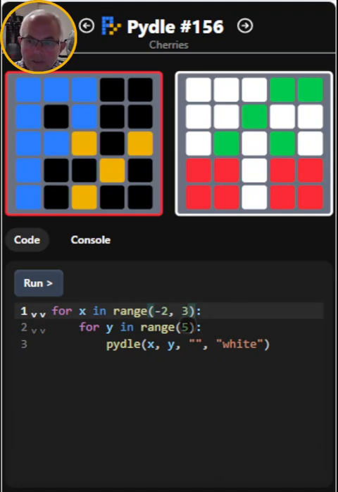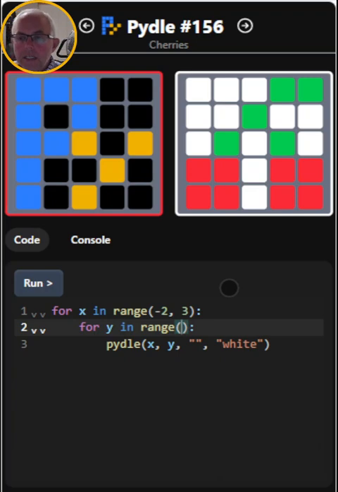So just to be a little bit different, I'm going to take y to go from minus 1 to 4. So I'm going to make the top row be -1 and then 0 for the second row, and that means our x and our y's actually align, which just makes life a little bit easier. I don't think it's going to save any characters.